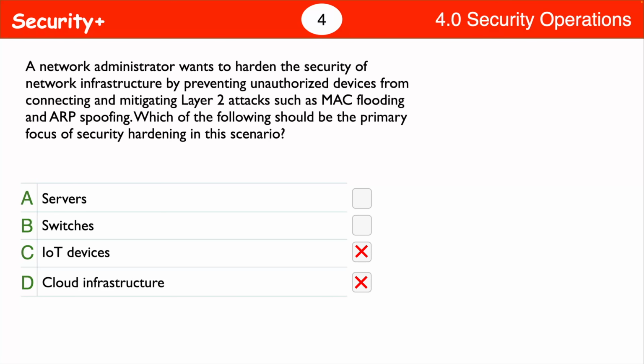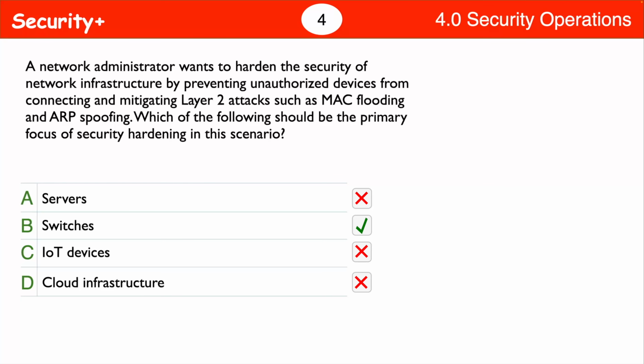Cloud security focuses on identity management, encryption, and access controls, but does not take place on layer 2, and that was key. And then finally, we can rule out A, servers. Servers are going to handle data and applications, but they do not control layer 2 network security or anything like that. And that leaves us with B, switches.